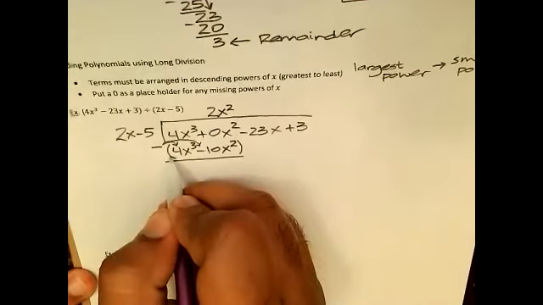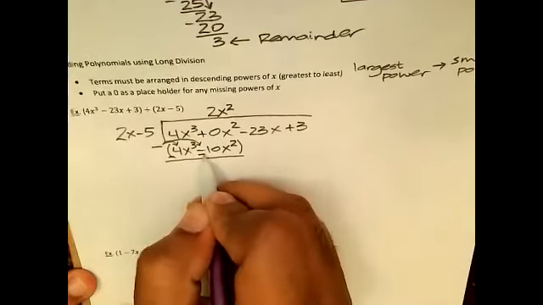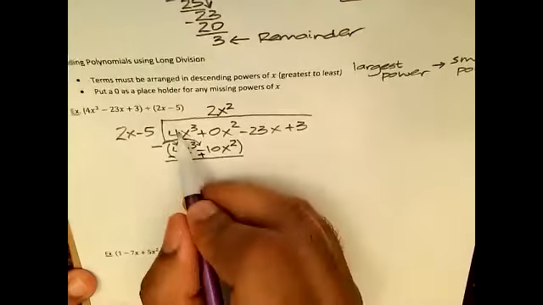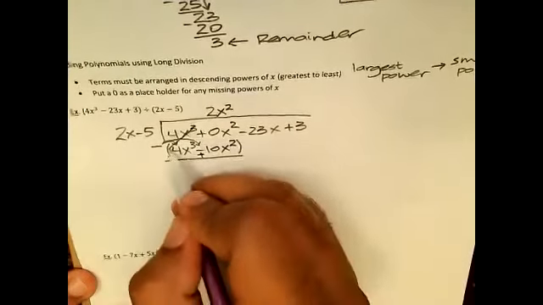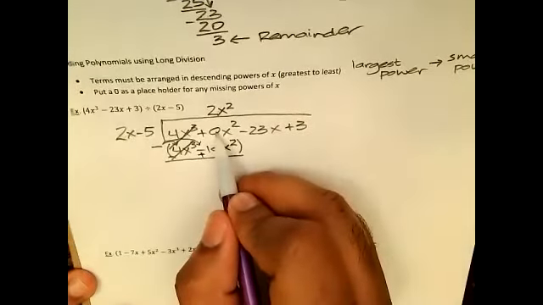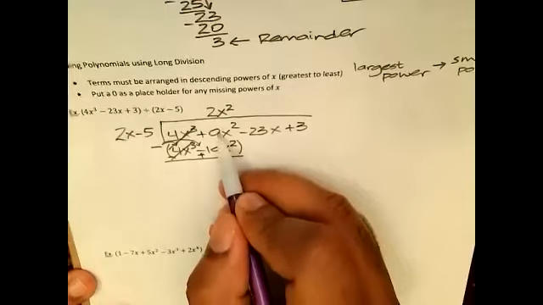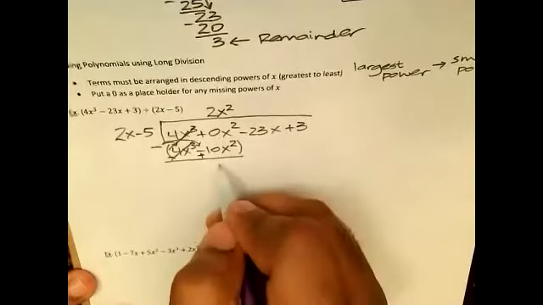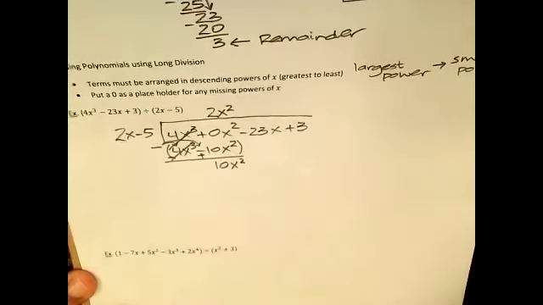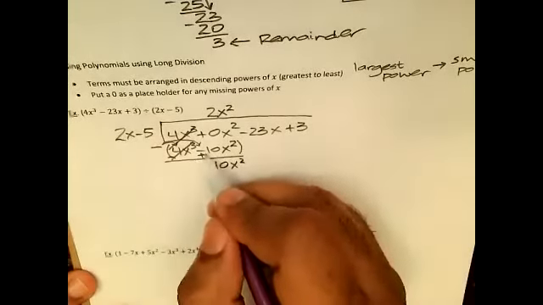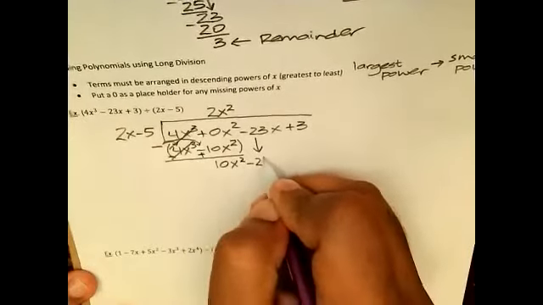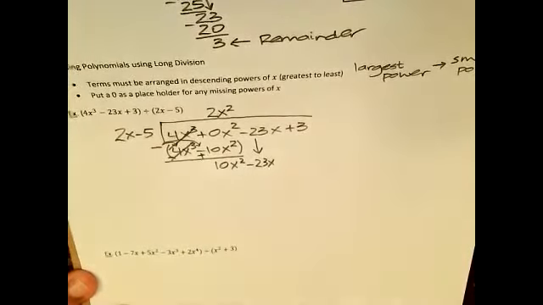So this will become a minus, and this will become a plus. Now 4x cubed minus 4x cubed cancel. And then it's 0x squared plus 10x squared, so 0 plus 10 is 10x squared. That's what I get when I subtract these. After I subtract, I bring down the next term, the minus 23x.